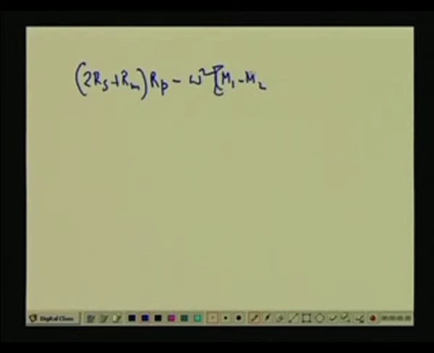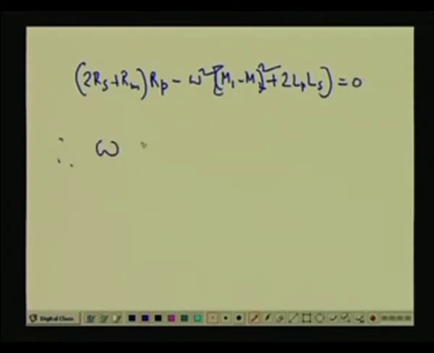So, that to make phase shift 0, (2 RS plus RM) RP minus omega square (M1 minus M2) whole square plus 2 LP LS will be equal to 0.